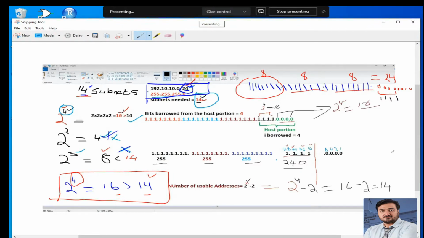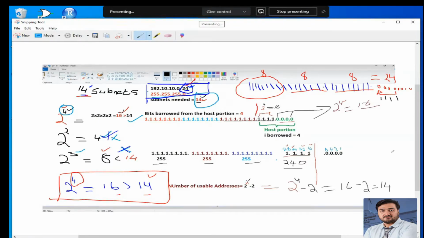If you are going to calculate a subnet, always borrow the bits from this position. It will start from here. You need to borrow the bits from this position.